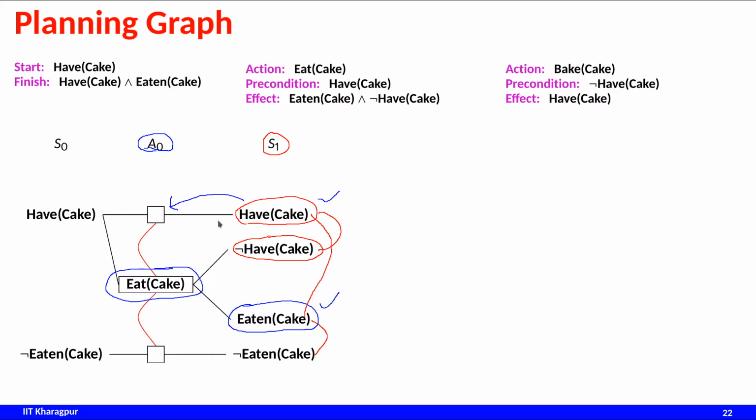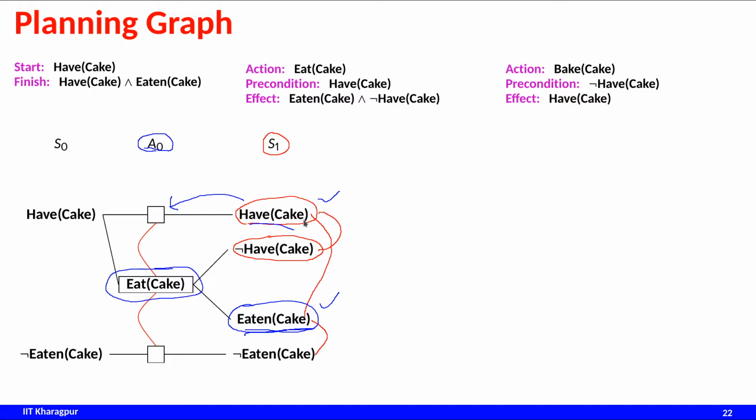Now these two events, eat cake and the persistent action, are mutually exclusive. Therefore we cannot produce both have cake and eaten cake together, because they would be generated from two mutually exclusive actions.